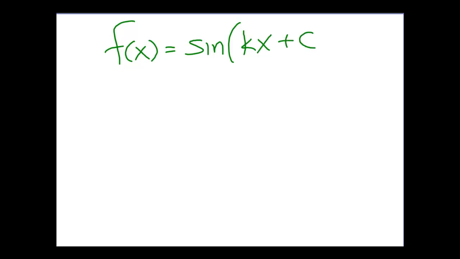One of the places where horizontal translations become a little bit more complicated is when we combine a horizontal translation with a horizontal dilation. In other words, if we have a trig function where we have both a change in period and a change in the phase, we end up with a combination.